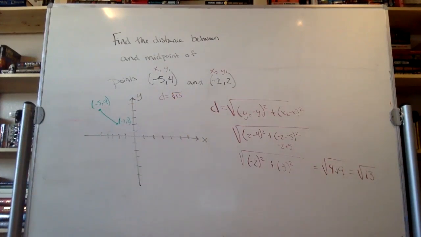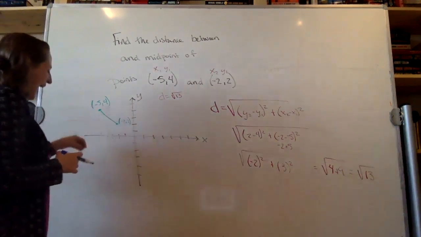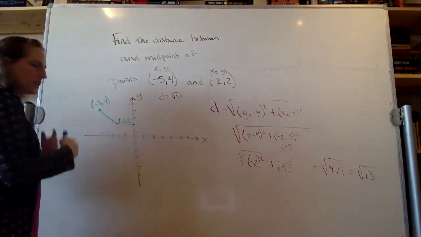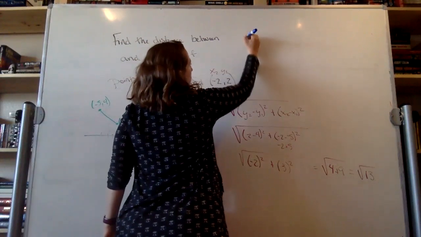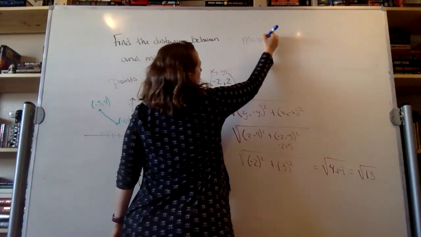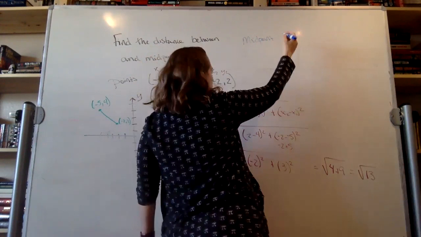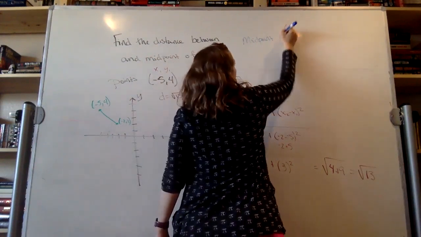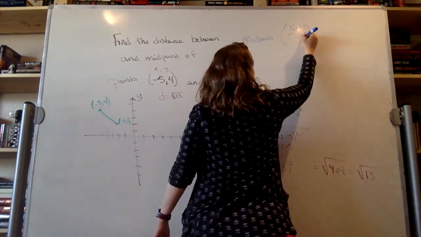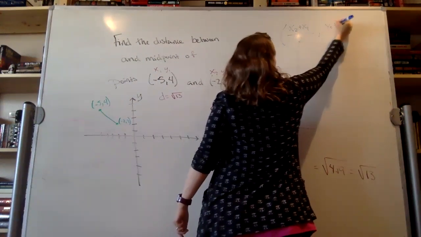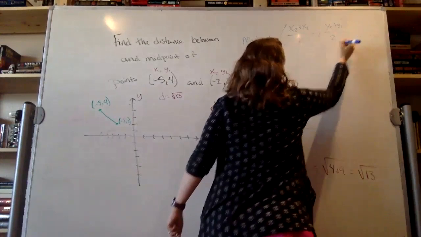Okay? All right, so now let's think about our midpoint. Our midpoint, remember, we can think of as the average of our x values and the average of our y values. So the midpoint between any 2 points, x1, y1, and x2, y2, looks like this. x2 plus x1 over 2, y2 plus y1 over 2.